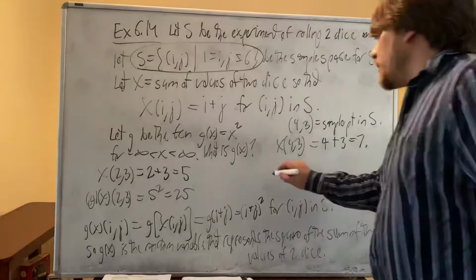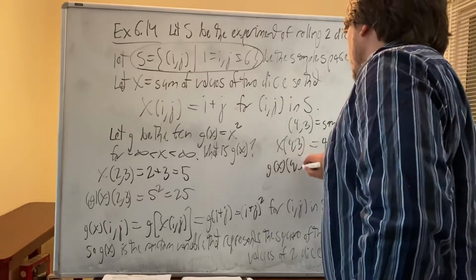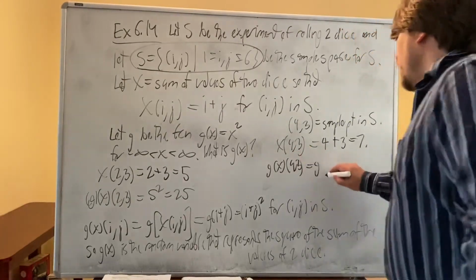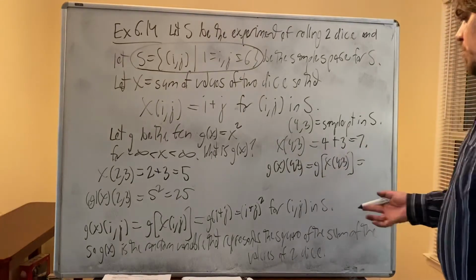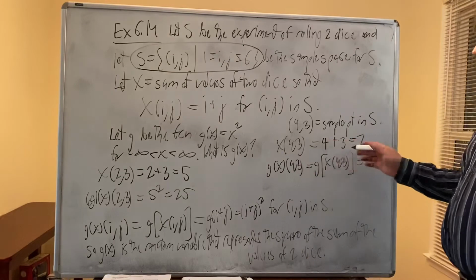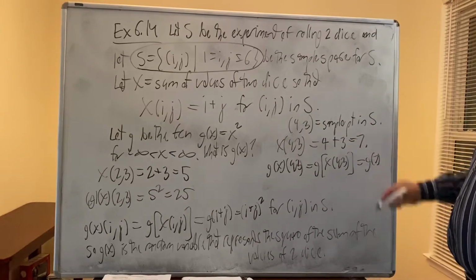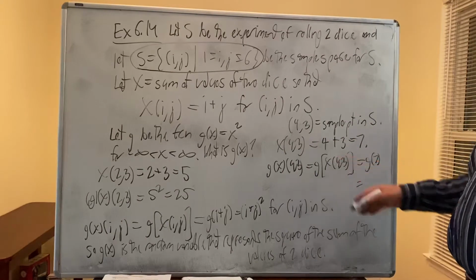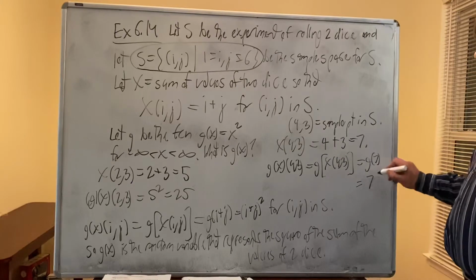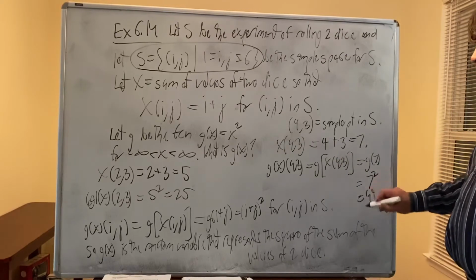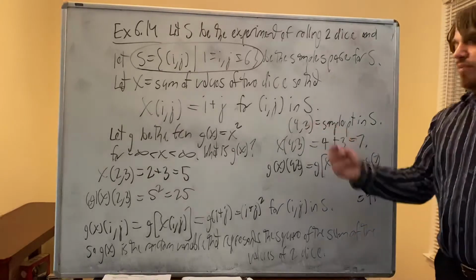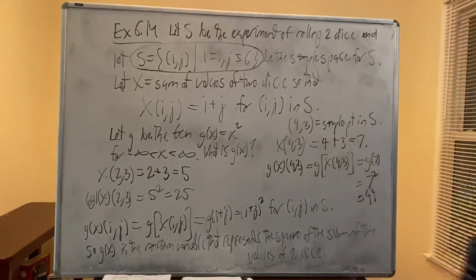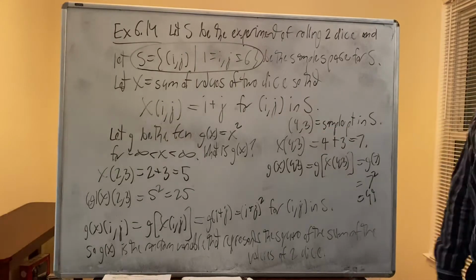Now g of x of 4 comma 3. What that does is it takes the value of x for the sample point, which was 7, and what g does to that number 7 is it squares it. And so it's 7 squared, which is 49. But in general, because of what we wrote at the bottom, if we start from the beginning, 4 comma 3, g takes the sum of the values and squares it. And so 4 plus 3 is 7, and 7 squared is 49.